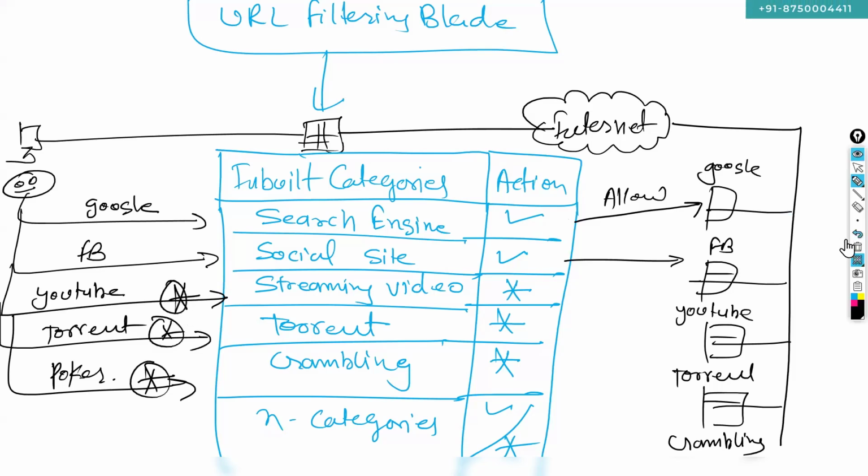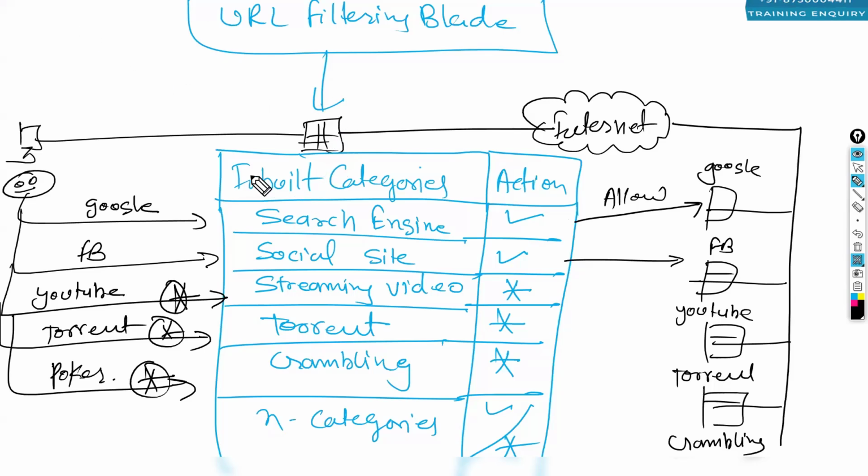Now, what is the benefit of URL filtering here? Checkpoint says that if you want to block users from accessing certain URLs, that task would normally be done by a proxy server. When you purchase a proxy server, you have to invest money to purchase the hardware and the license. But if you have Checkpoint Firewall, there is no need of a proxy server.